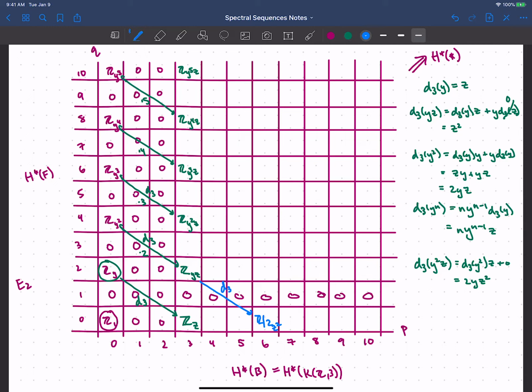So I've got to go back to the tensor product. I had this Z mod 2 generated by z squared. And when I say go back to the tensor product, I mean that this whole page should be the tensor product of the cohomologies.